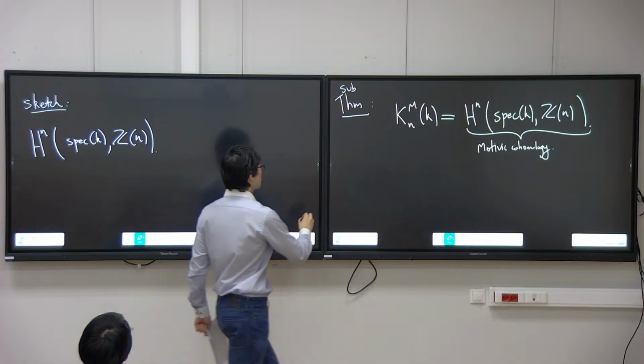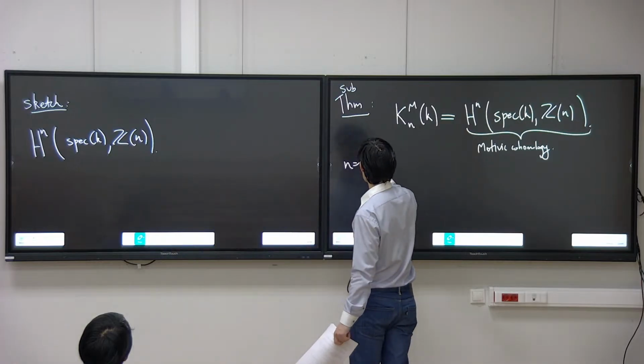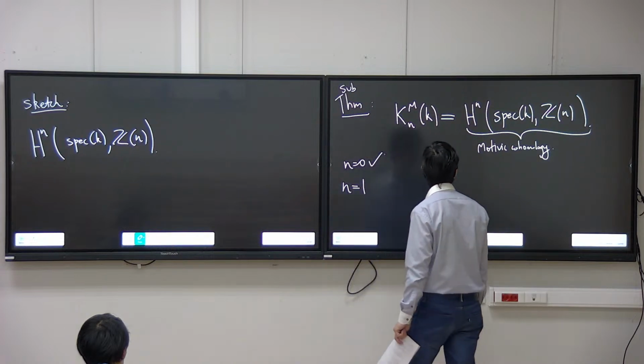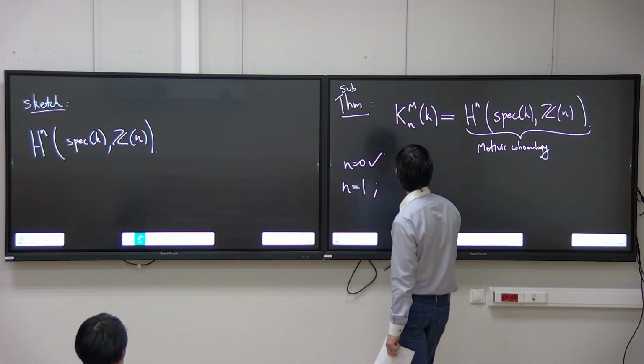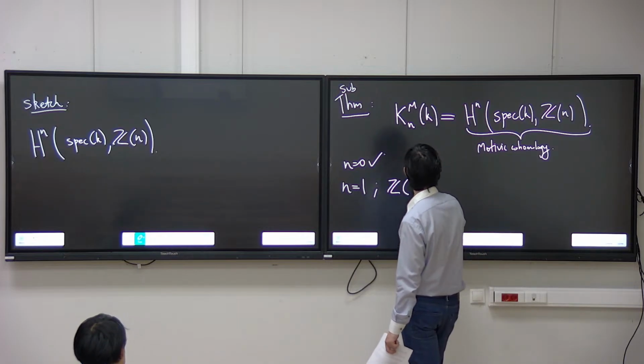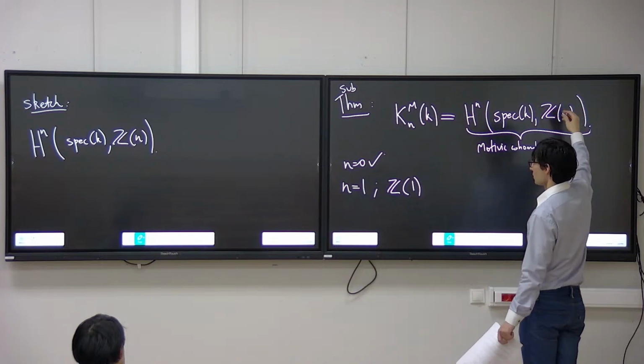For n equals 0, the conjecture is trivially true, and then for n equals 1, there's a small calculation one needs to do: Z twisted by 1, you're interested in what this sheaf is.